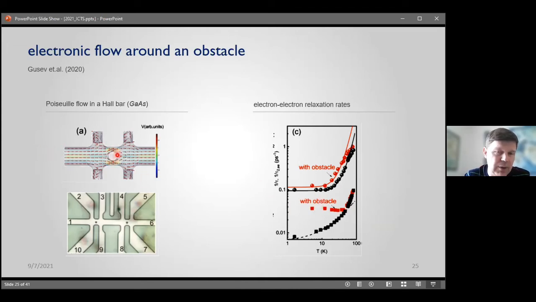So then in the hydrodynamic regime, they flow way more effectively with the obstacle than in the ballistic regime. That's something I implied at the very beginning of the talk.